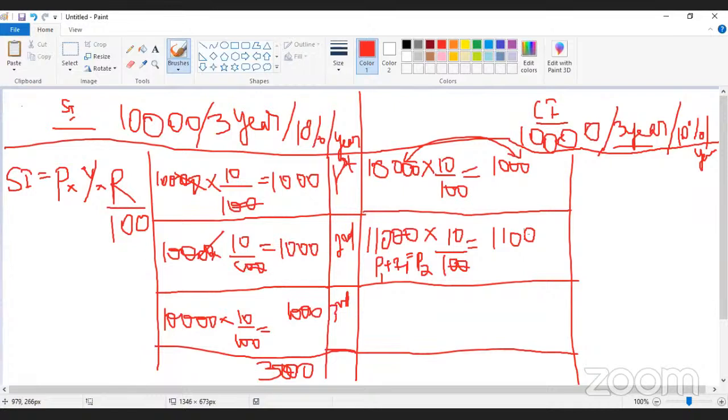Next, when it comes to the third year, what will be the principal amount?